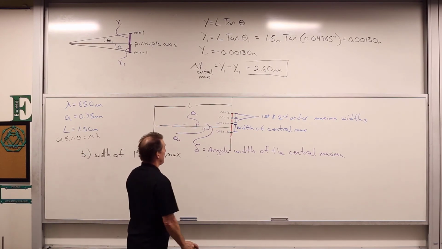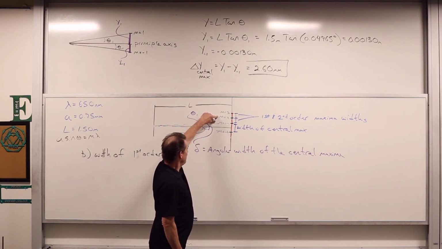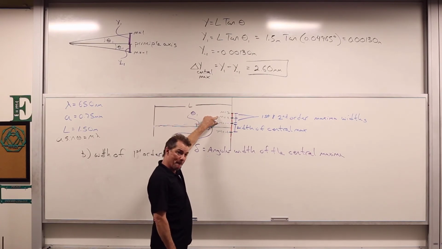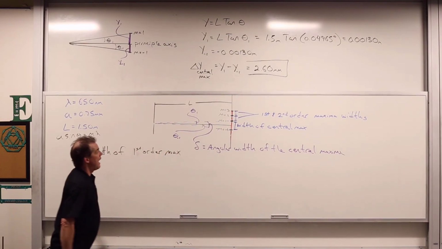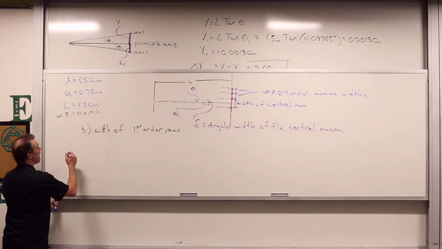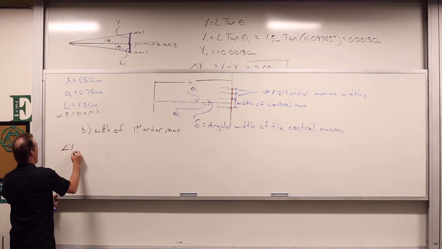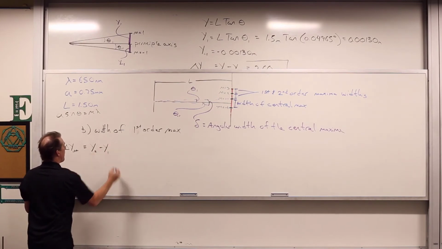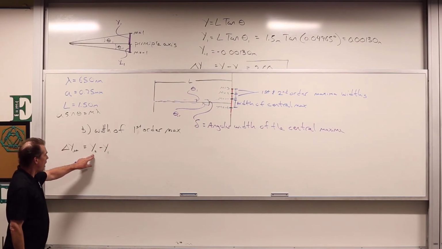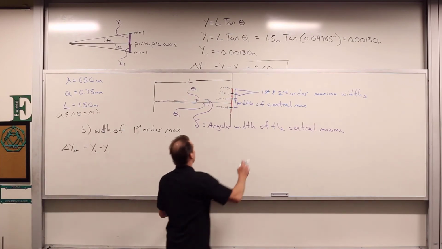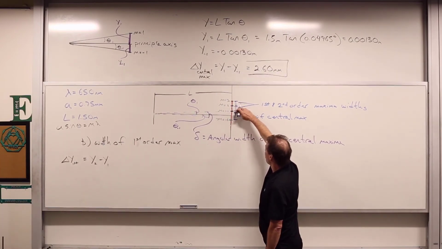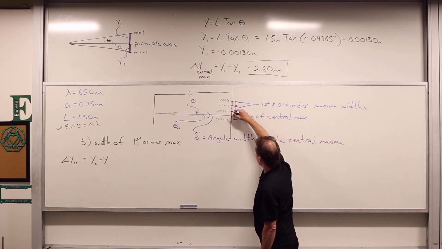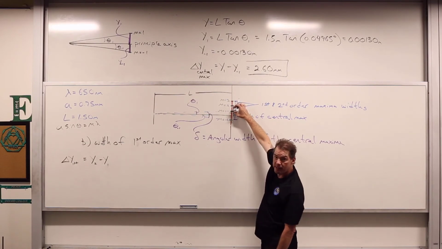Well, the first order maxima is sandwiched in between the second order and first order minima. So we need to figure out a y2 minus y1. So we will have that this width, we'll say delta y first, is going to be equal to y2 minus y1, where these are the linear distances at which the second order minima and the first order minima occur, relative to the principal axis. So if I take this total distance and I subtract off that, I've got that distance in between them. That's exactly what we want.